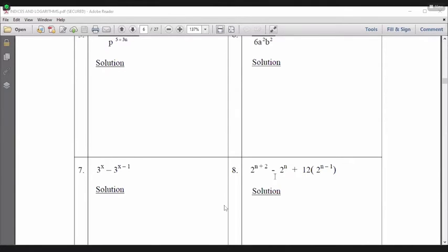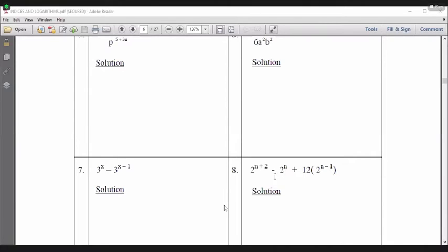Again, if I look at 12, there's a connection between 3 and 2 in that we have 12 the same as 3 times 2 squared. Is that true? Yes.